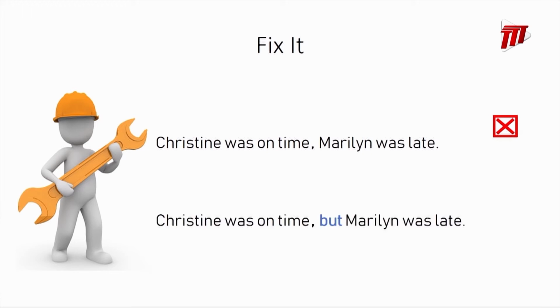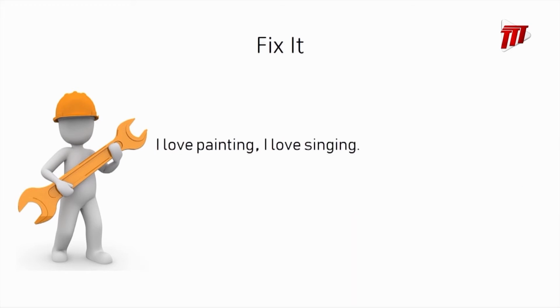Christine was on time, but Marilyn was late. So here, we've taken a coordinating conjunction, but, and joined the two sentences to form a compound sentence. Let's look at another one. I love painting, I love singing. Of course, we can fix this by adding a full stop and make them two simple sentences. But let's use a coordinating conjunction.